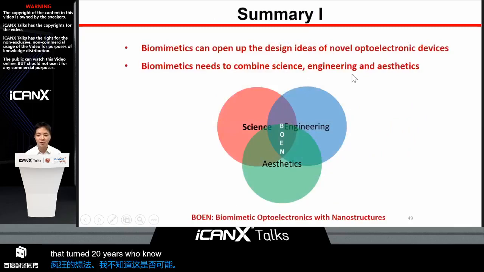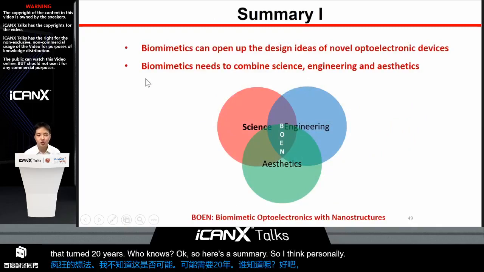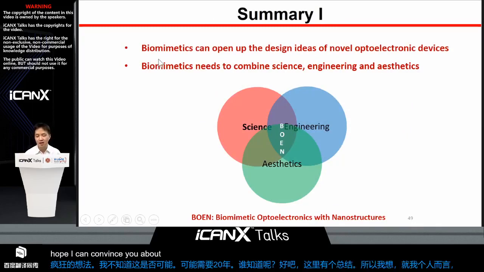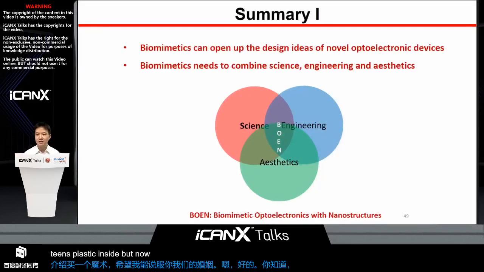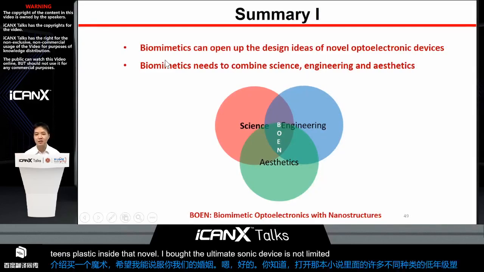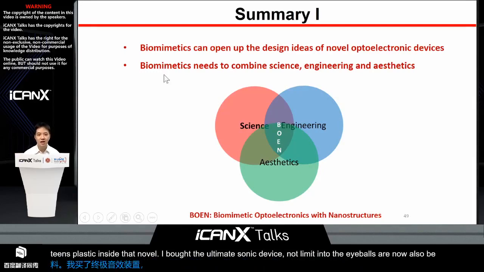Okay, so here's a summary. Firstly, I introduced biomimetics, and I hope I can convince you that biomimetics really can open up many different kinds of possibilities for us to design novel types of optoelectronic devices, not limited to eyeballs, but also LEDs or other devices.